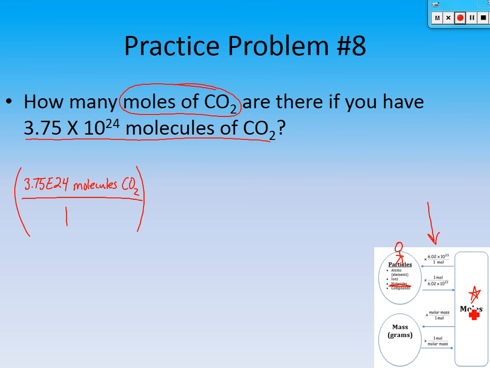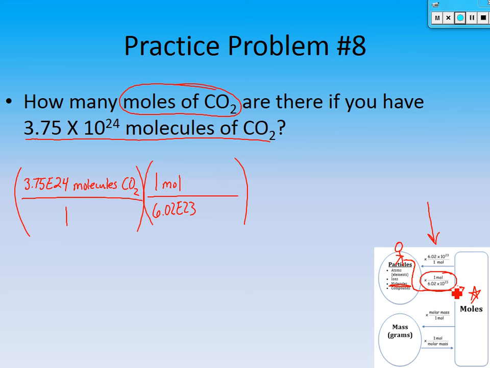So let's map this out. The only way that this guy can get there is by coming across this bridge on the bottom. So we've got to times our number by that conversion factor there. So let's do that. So we make a new conversion factor and put 1 mole on the top and Avogadro's number on the bottom.